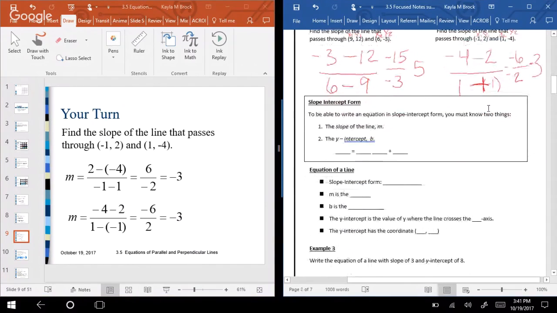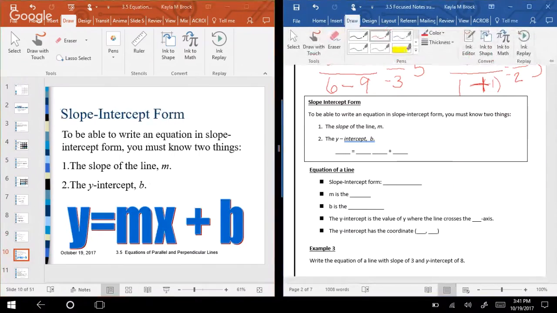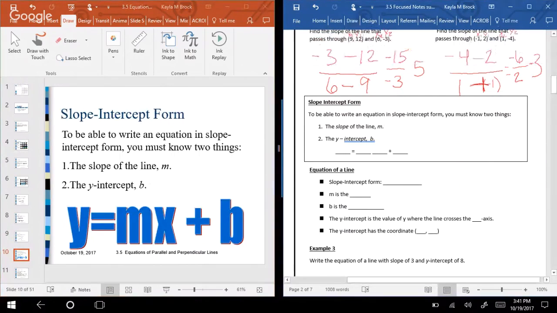To be able to write an equation in slope-intercept form, you must know 2 things: the slope of the line, m, and the y-intercept, b. So the equation is y equals mx plus b.